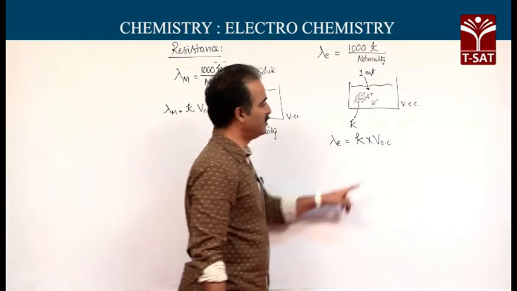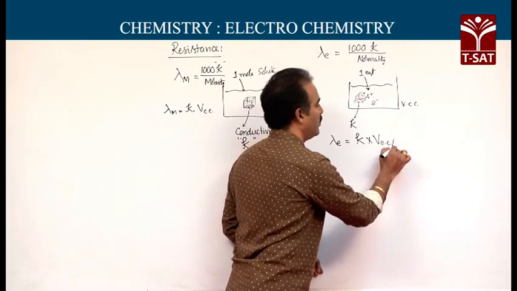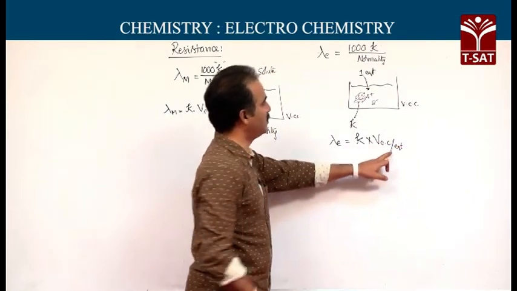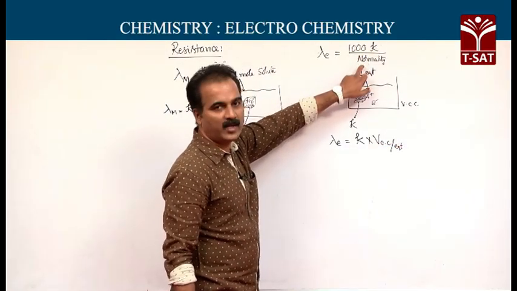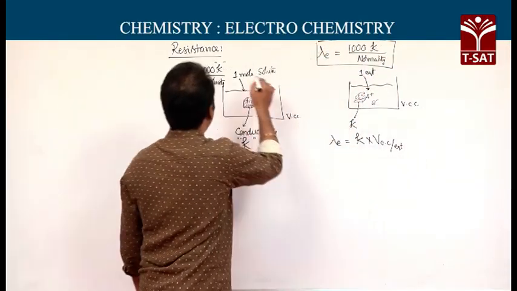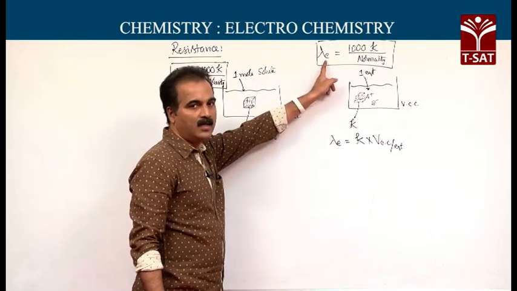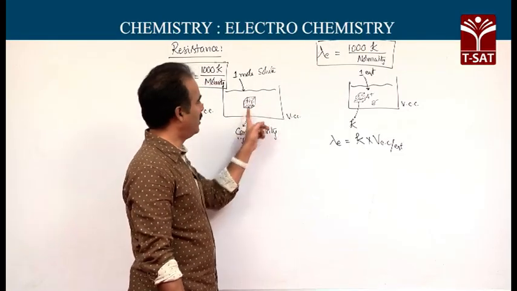Total volume of solution in cc containing 1 equivalent, that is V cc per equivalent. So, this is nothing but 1000 K by normality. This is one more formula to calculate molar conductance and equivalent conductance of electrolytes.